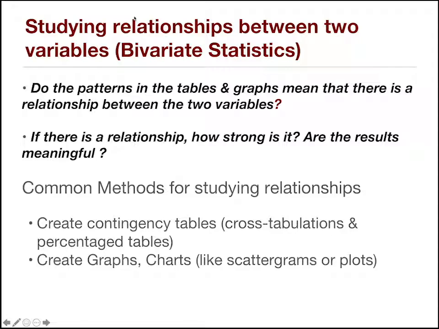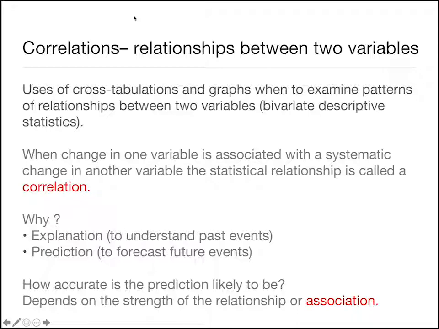We're trying to put an independent variable into a table and set it up properly and see if there's a relationship between the independent variable and the dependent variable. And if there is, then we'll call it a correlation or an association.